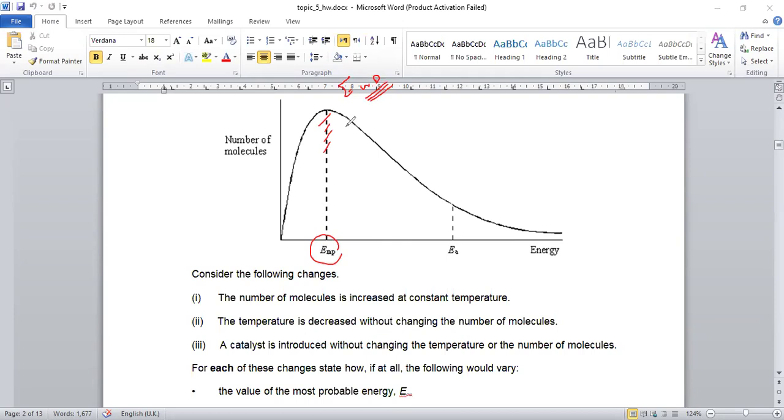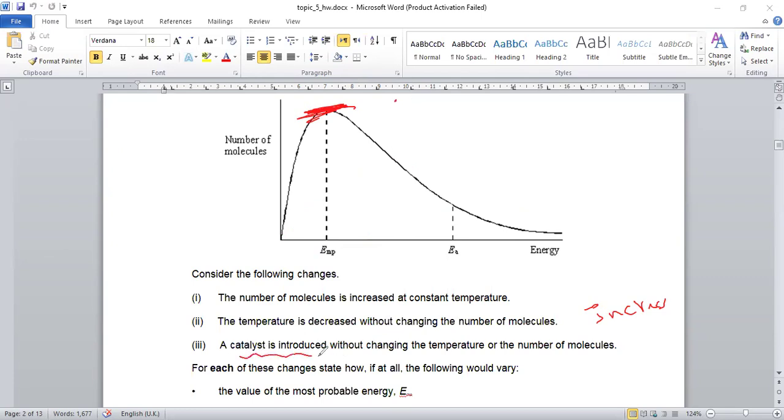It's the reverse of increasing the temperature. Decreasing the temperature increases the maximum amount of energy gained by the molecules.